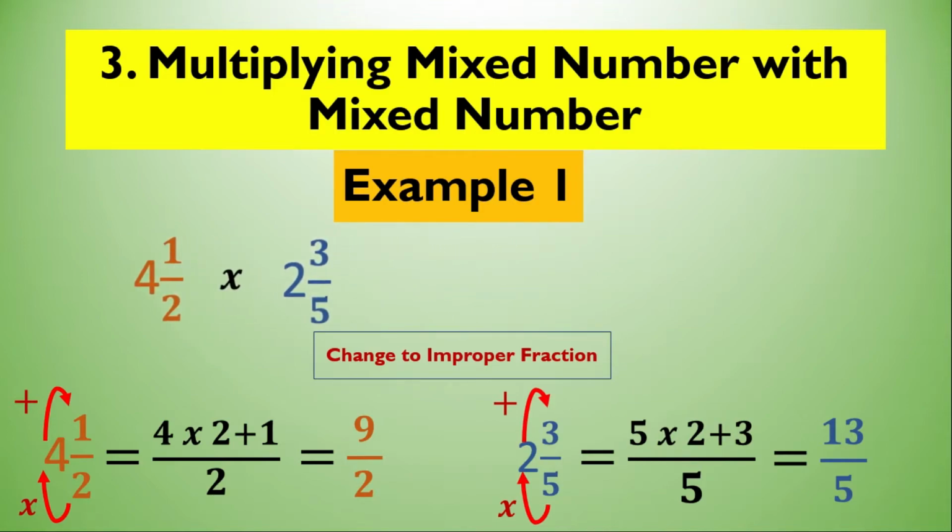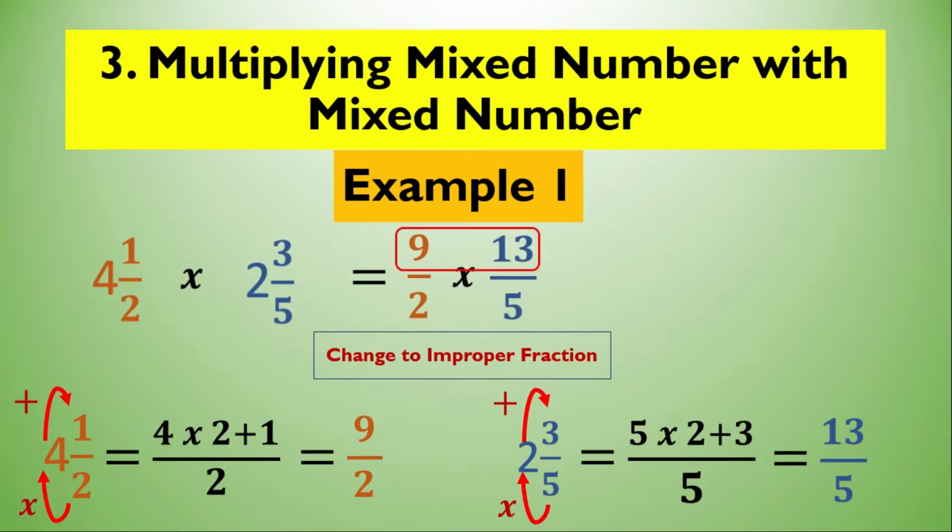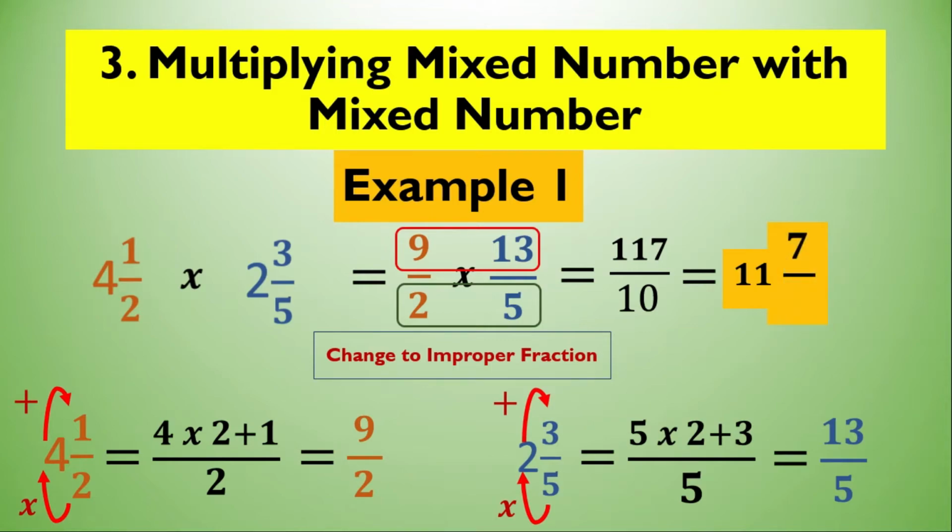Multiply straight across. 9 times 13, 117. 2 times 5, 10. Back into mixed number. 11 left over 7 over 10.